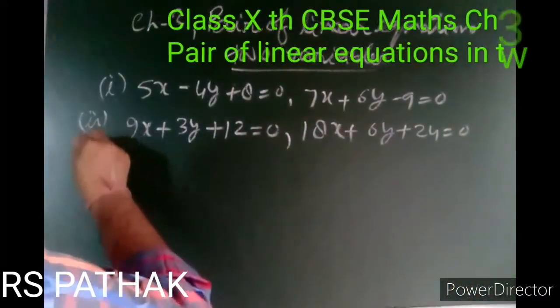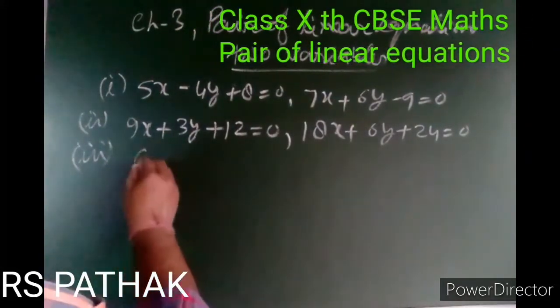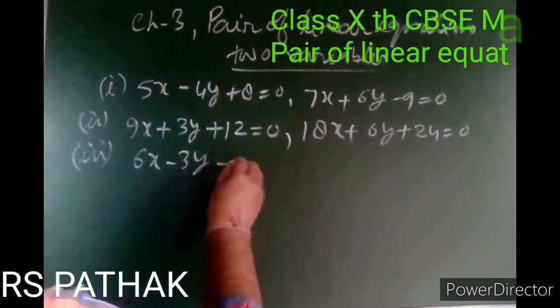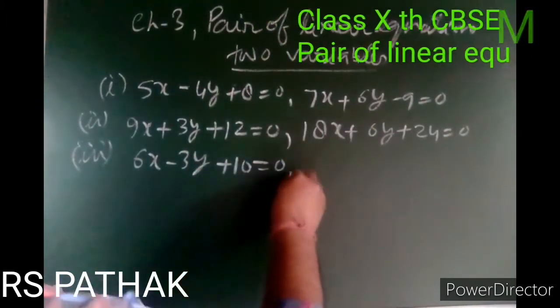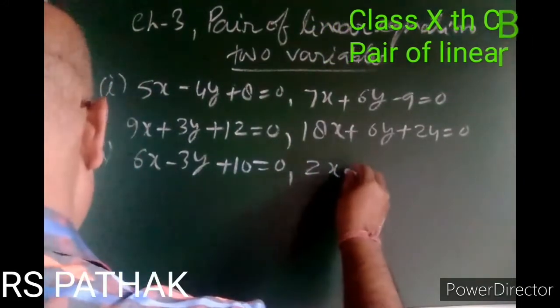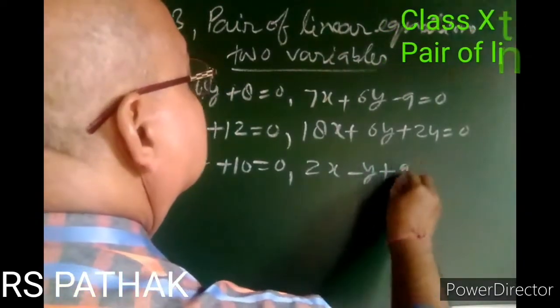Third is 6x minus 3y plus 10 equal to 0 and 2x minus y plus 9 equal to 0.